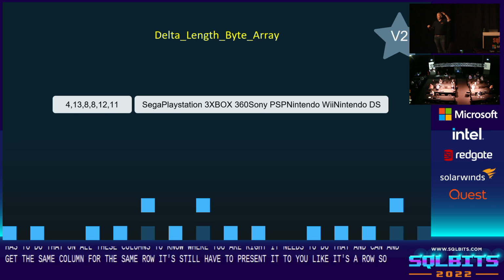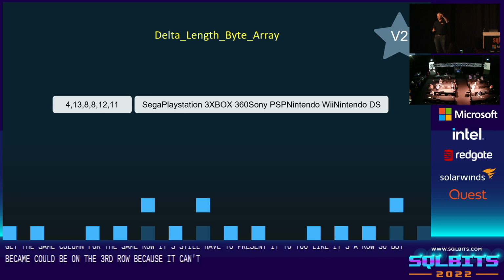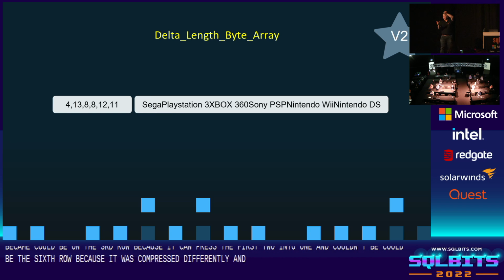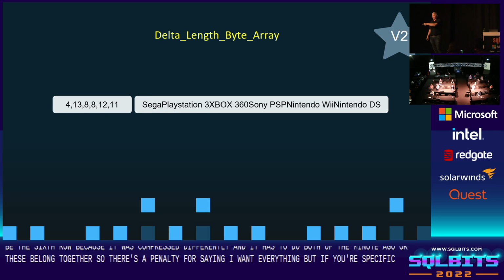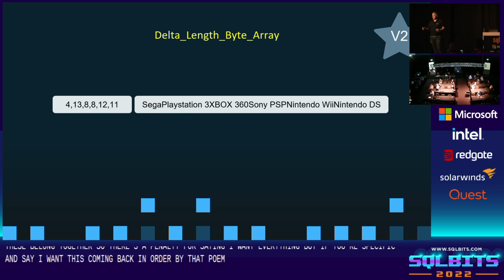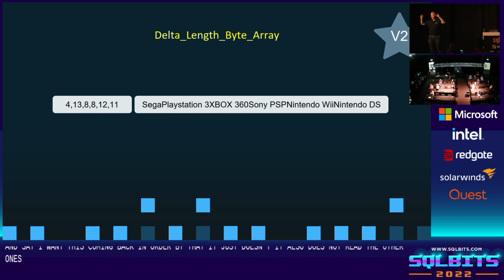So column A could be on the 3rd row because it compressed the first 2 into one, and column B could be the 6th row because it was compressed differently, and it has to do both of them and then go, okay, these all belong together. So there's a penalty for saying I want everything. But if you're specific and say I want this column, that column, and order by that column, it does not read the other ones, and it only has to uncompress those.